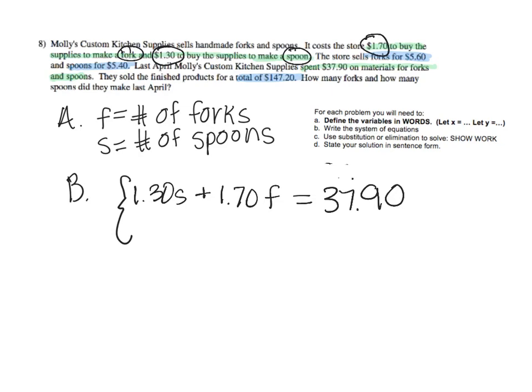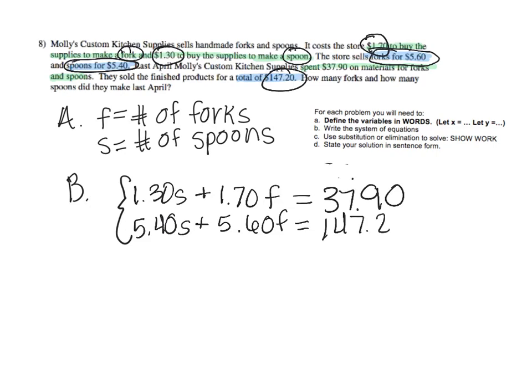Then we're going to do the same thing for what they sell it for. So it'll be $5.40 S plus $5.60 F, it's right here, is equal to what they made, which was $147.20.